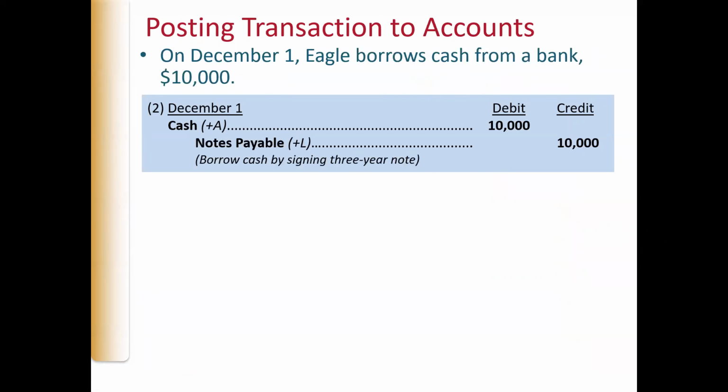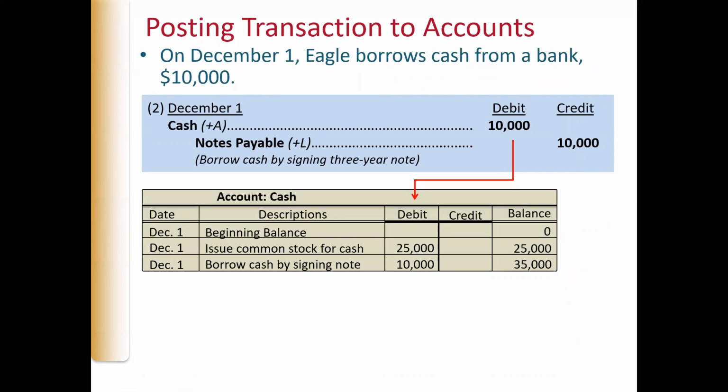Now, thank God we have computers that do it, but you still need to understand the flow of what's going on. Now, the transaction on December 1st: Eagle borrows cash from a bank for 10,000. What happens? Cash increases, notes payable increases. Cash is an asset, we debit it.